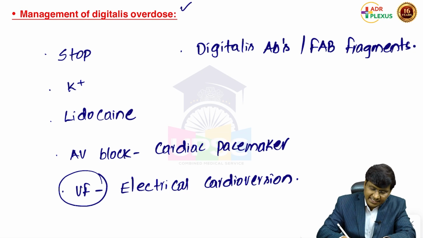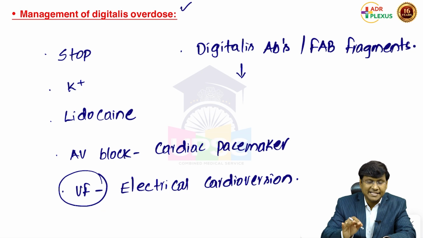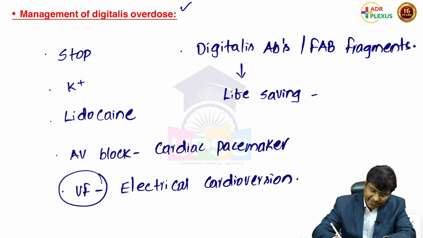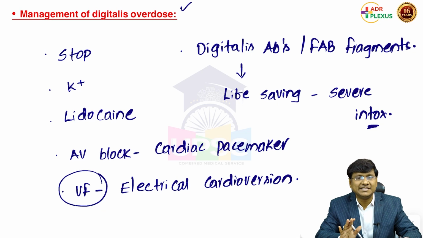So this digitalis antibody is potentially life-saving in severe intoxication. So this is about digitalis overdose and digoxin toxicity, which is associated with multiple arrhythmias except atrial fibrillation, atrial flutter, and Mobitz type 2 AV block, that is second degree AV block.